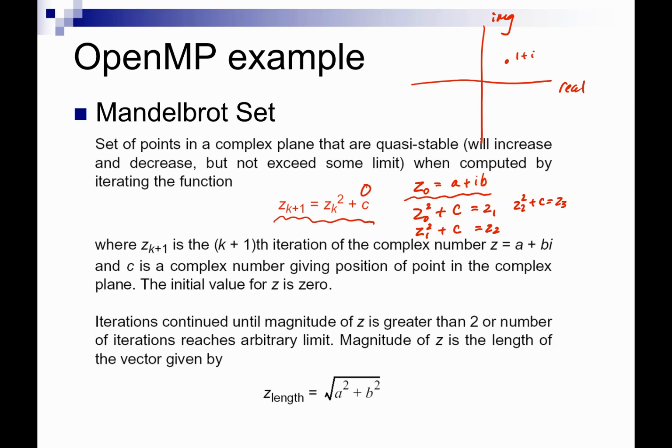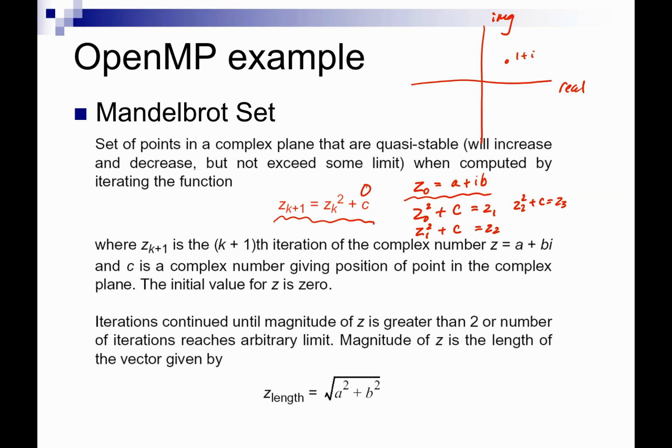Then if you keep squaring this, it does not grow to infinity. It just stays at 1. So if after you keep iterating, the limiting value of z is finite, then you say that this initial value is in the Mandelbrot set. That's how we define the Mandelbrot set.